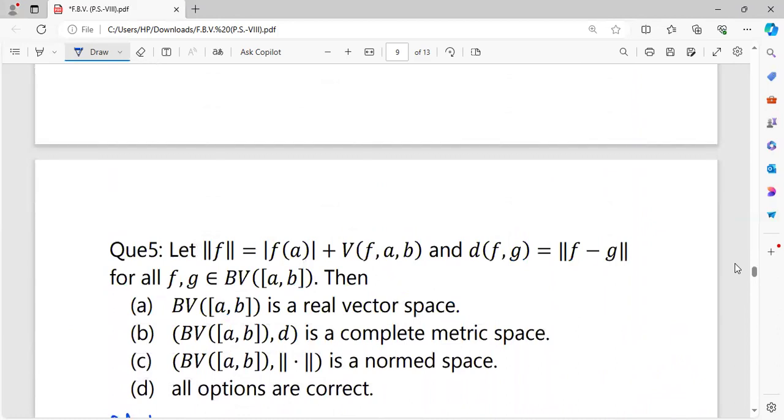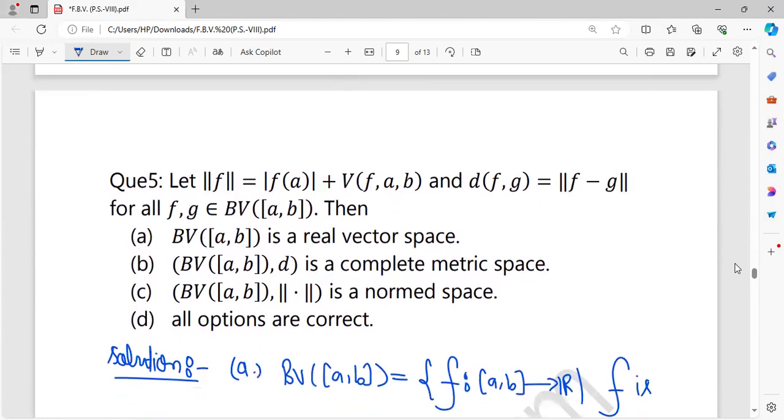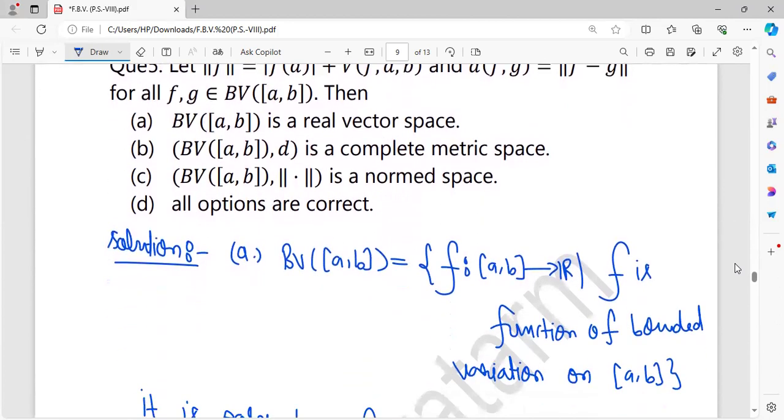Now, the second option is that it is a metric space. Yes, this is a metric space. Why? You can check that this is a metric space.